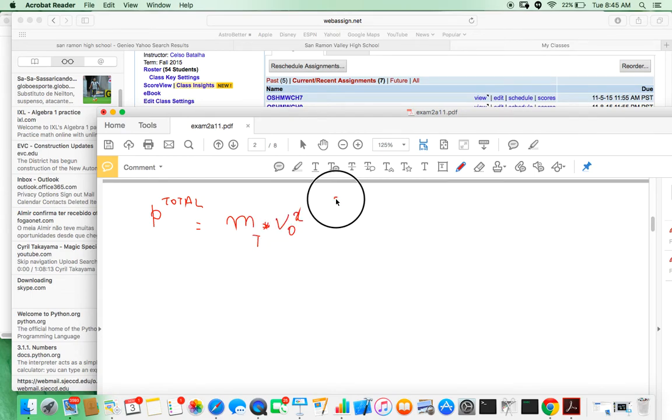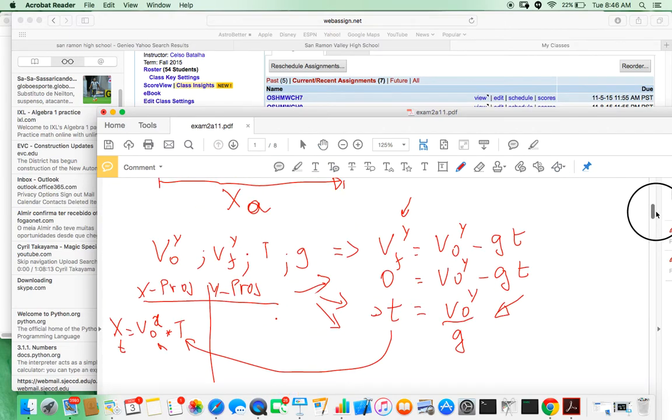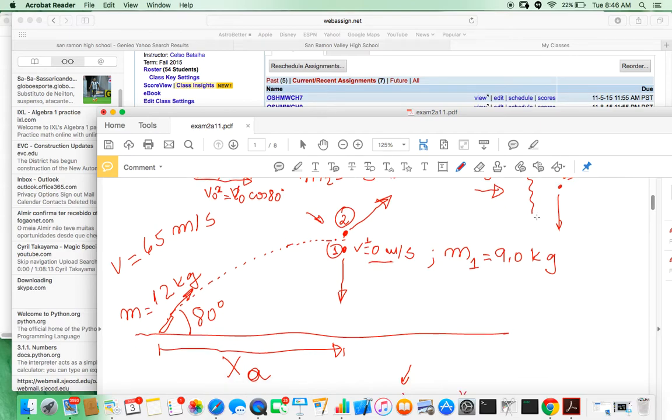This is the momentum before. After collision, it's complicated because you don't know what happened with the second fragment. You know that one falls straight down, and I'm calling the fragment that falls straight down fragment 1, right?